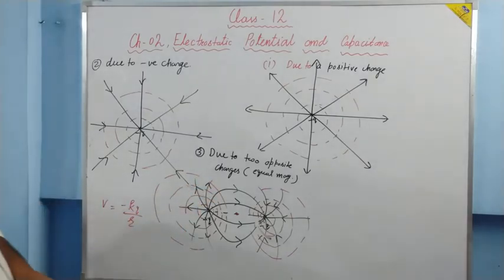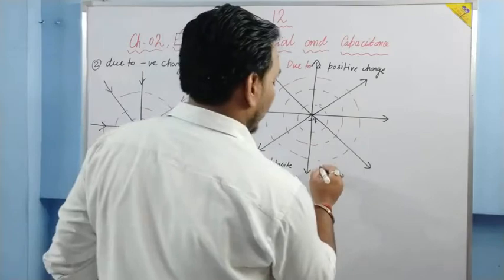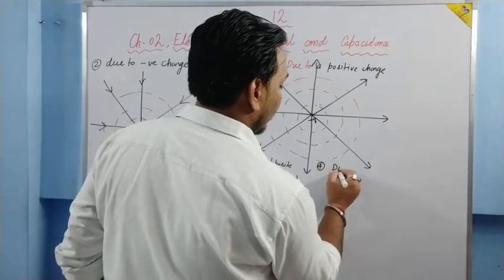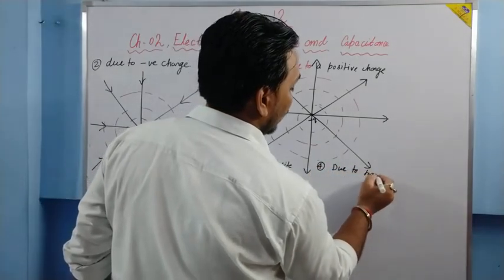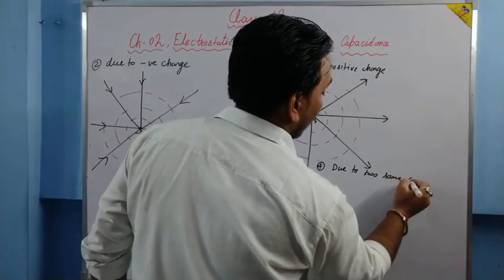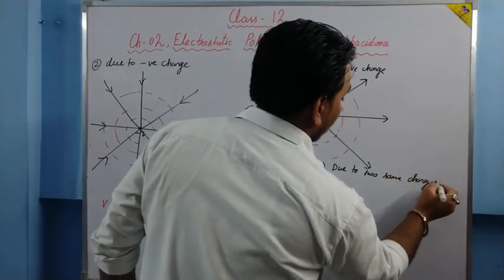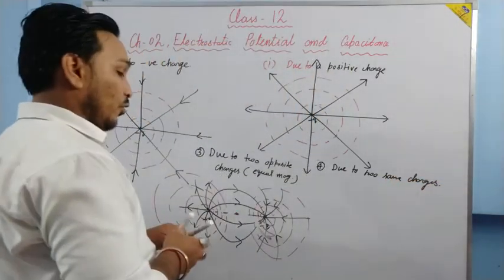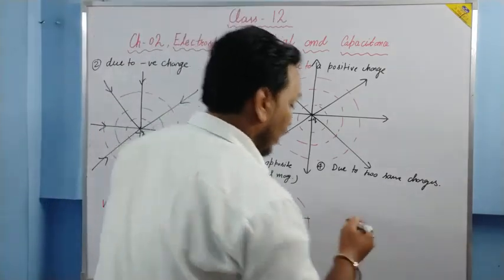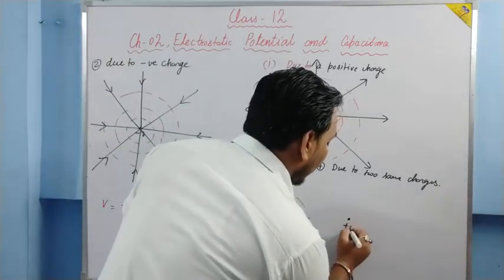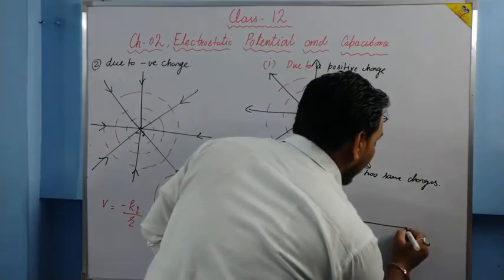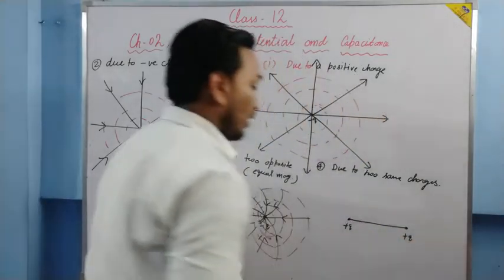The next thing is the fourth one. Due to two same charges, they could be positive positive, or they could be negative negative. Let us see if they are positive positive. Suppose these are two positive charges.